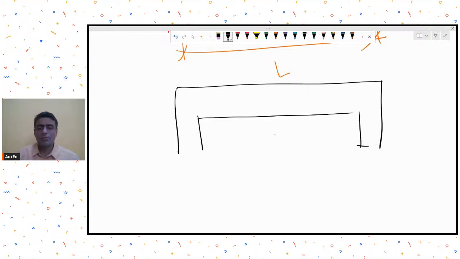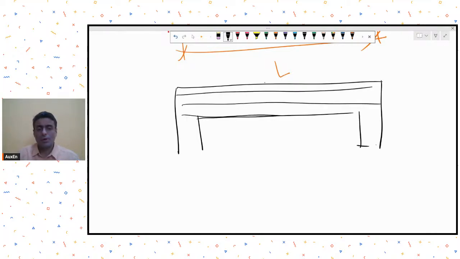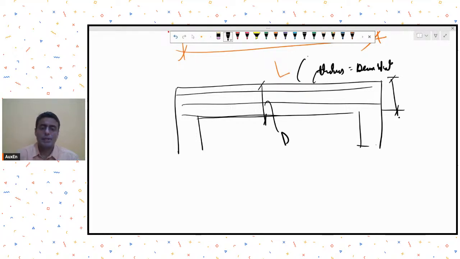You model the actual depth over here, and the thickness of this shell you provide equal to the beam width. So basically, if you are preparing this model in any software, you assign the shell thickness equal to the actual beam width, and the actual beam depth and length you model.